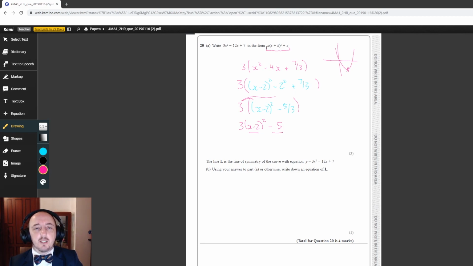So for the x minus 2, we reverse that to plus 2, so that will give us 2 for the x coordinate of the vertex, and the negative 5 is the y coordinate. So that is the exact middle of the graph here. And so a line of symmetry would have to pass through that point there. It's a vertical line, so the equation of that for part B is going to be x equals 2.